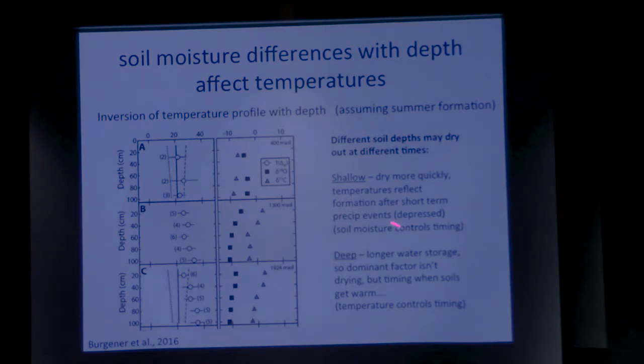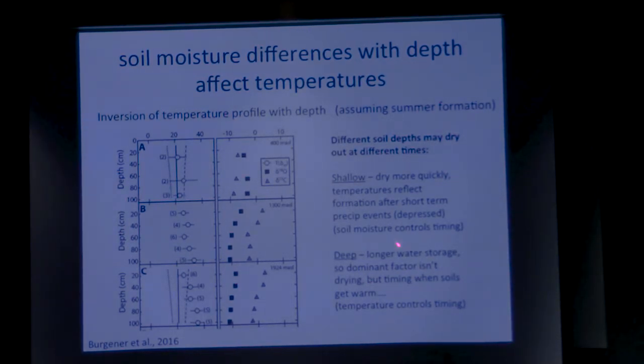The effect of that rainfall is also to depress the temperature a little bit. So they argue you're getting these lower temperatures because you're getting formation right after a small scale event. The deeper depths don't notice those. Soil moisture stays a lot more even down there, so they're not noticing these precipitation events except for the very biggest ones that propagate to greater depths.